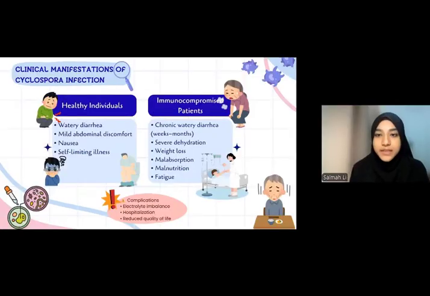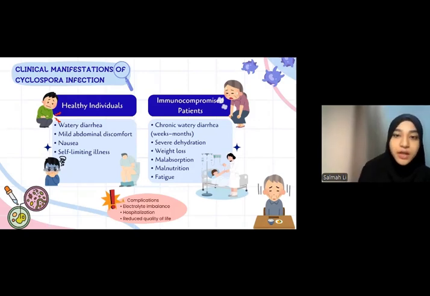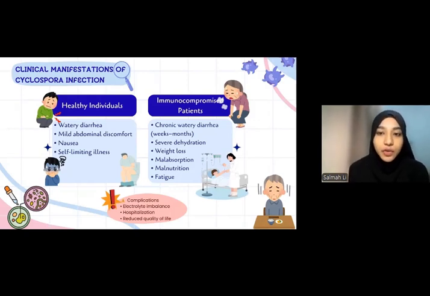Next, I will discuss the clinical manifestation of Cyclospora cayetanensis infection. First, in healthy individuals, the infection usually causes watery diarrhea and mild abdominal discomfort, and is generally self-limiting, meaning it resolves without long-term complications. However, in immunocompromised patients, especially those with HIV or AIDS or weakened immune systems, the disease is much more severe.